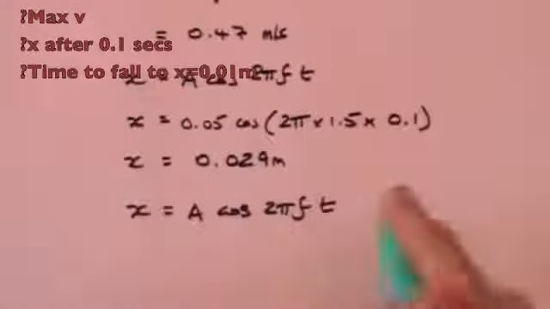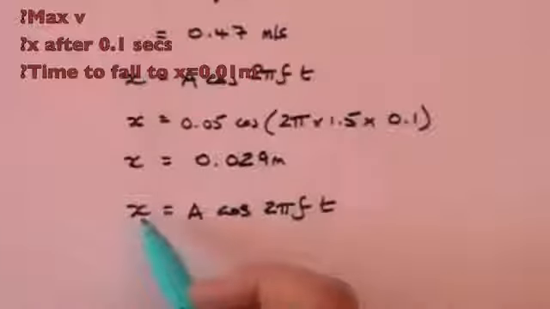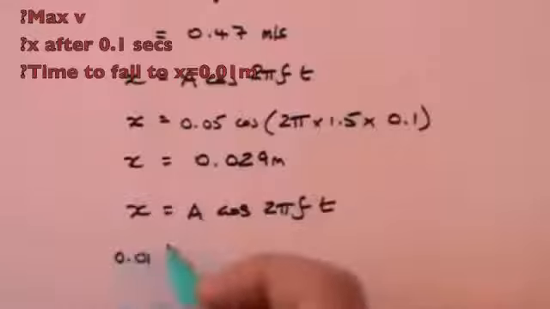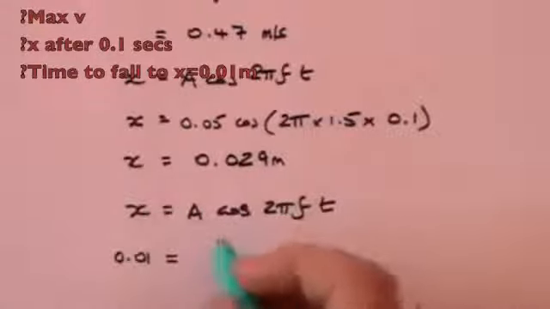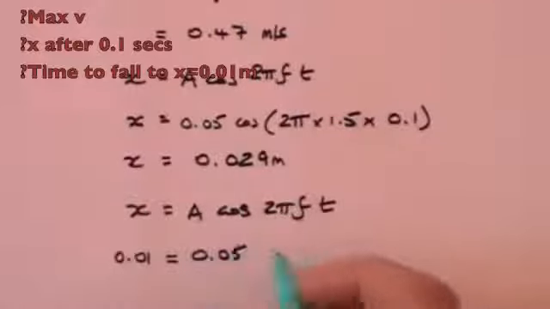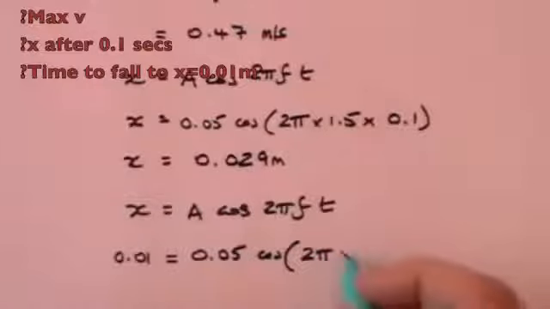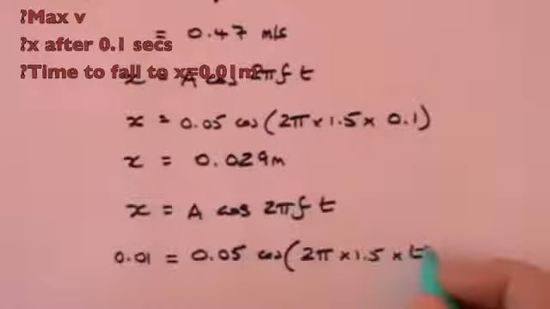This time it's the time that we're trying to find. We know what x is, it was given to us as 0.01. So 0.01 is equal to the maximum amplitude, which you may remember was 0.05, times the cosine of 2 pi times the frequency, which is 1.5, times the time that we don't know.